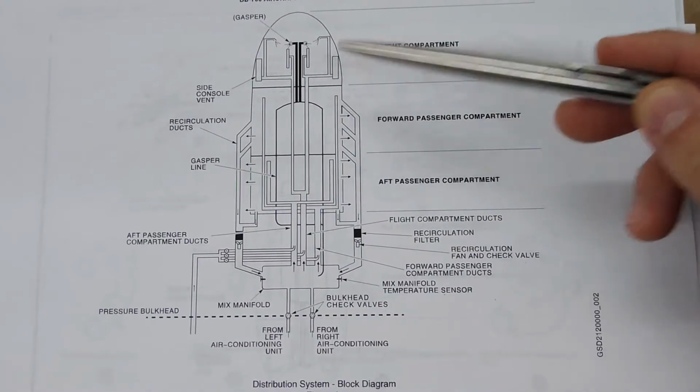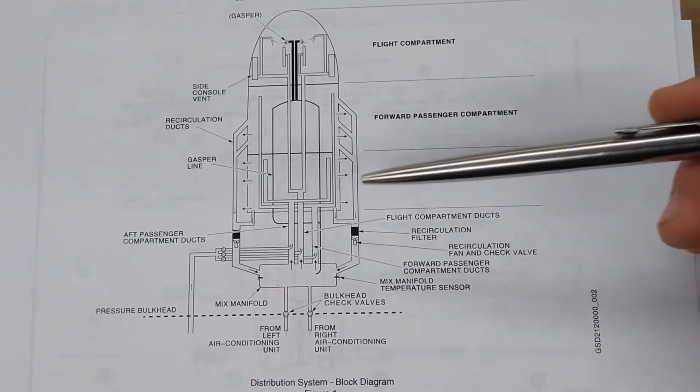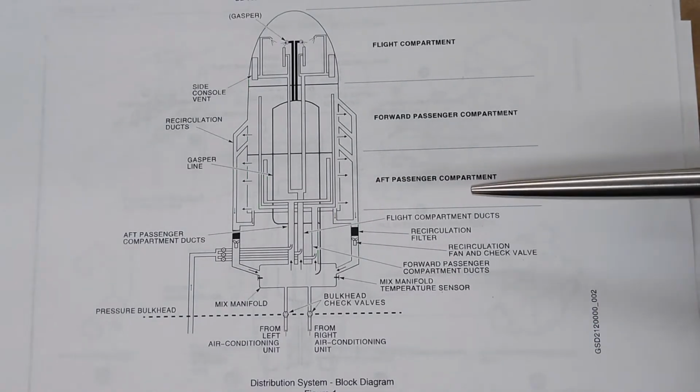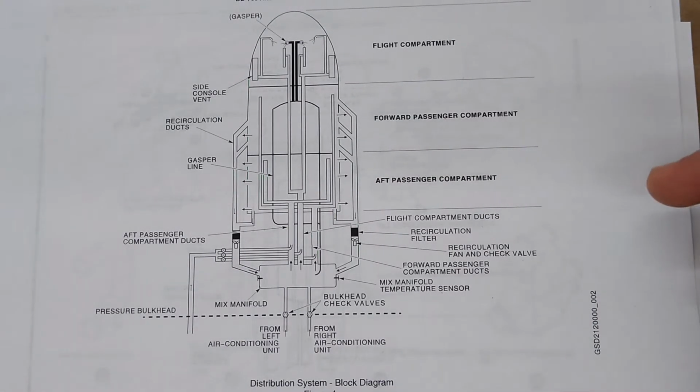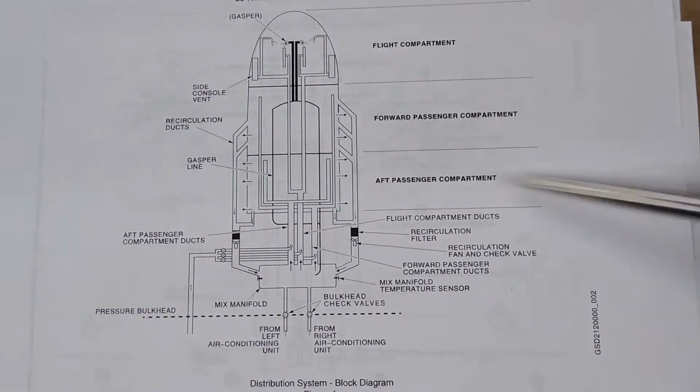Now, the whole air conditioning system and the temperature is controlled from the cockpit, from a dedicated control panel, and I'll show you a picture of what that looks like now.